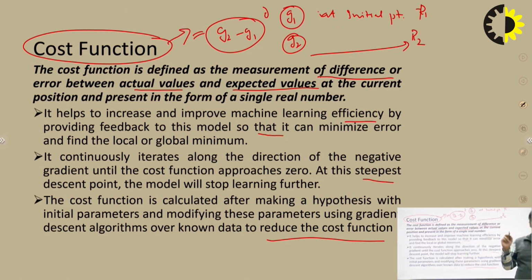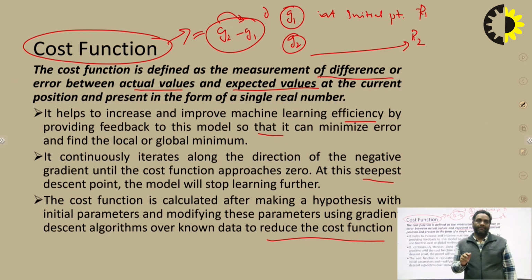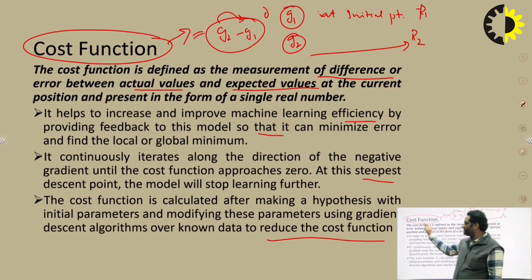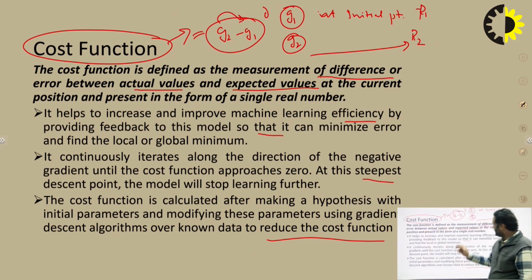This is the difference of gradient by moving in the lower direction. So at every new point we have a gradient value, and by taking the difference of these two gradients, we have a function that is known as the cost function.